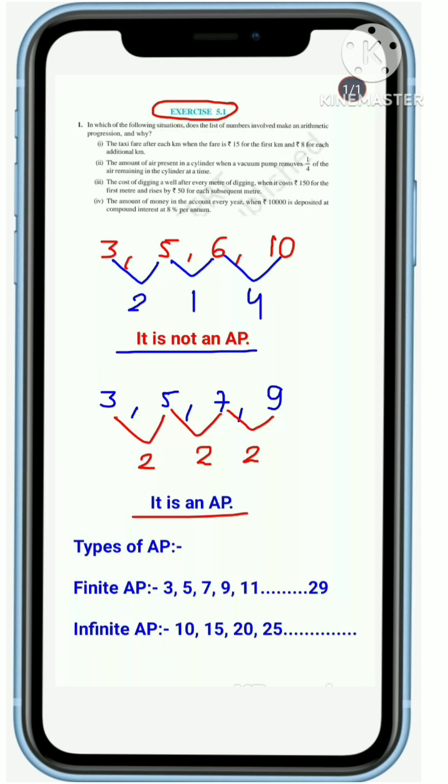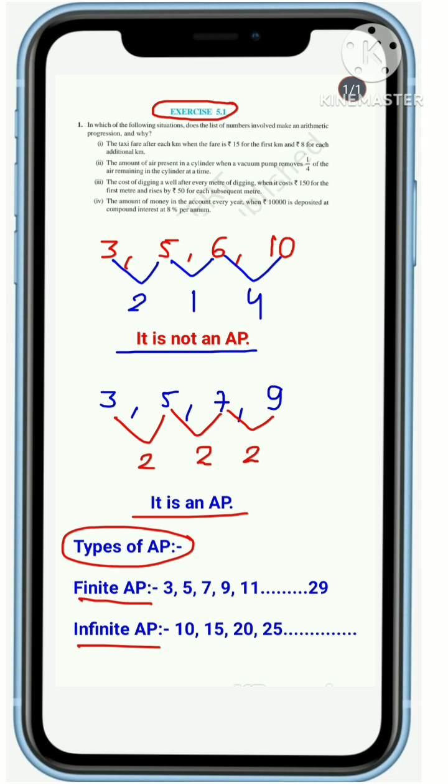Now let's talk about types of AP. There are two types of AP. First one is finite AP and second one is infinite AP. Firstly, what is finite AP? भन्दाखेरि finite AP is that AP which possesses limited terms and which has last term.